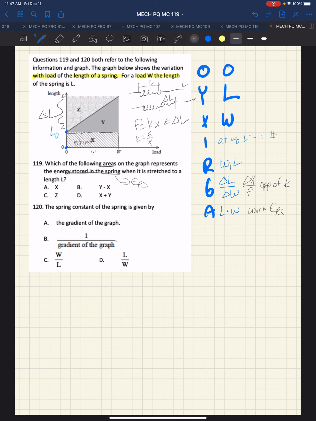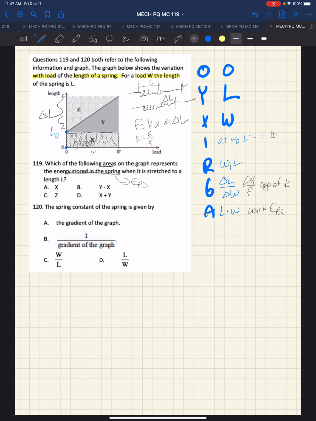That length there doesn't represent anything significant. Well, there's no work done in getting to L0, so the area of X is not important. So let me repeat that. There is no load necessary. When the load is 0, there's no work done on the spring. So the area in here is meaningless. It has no value.